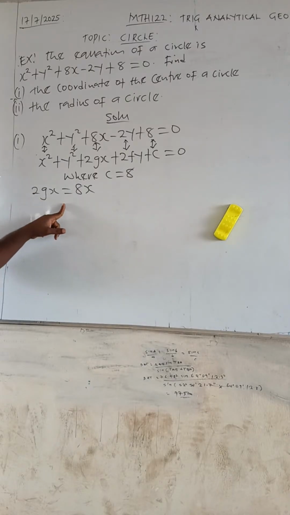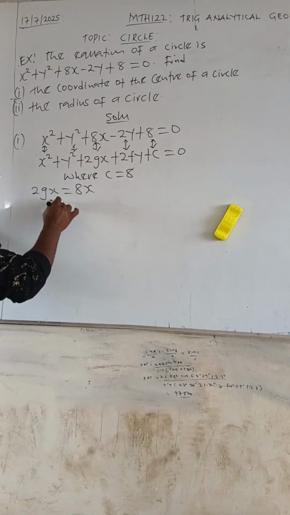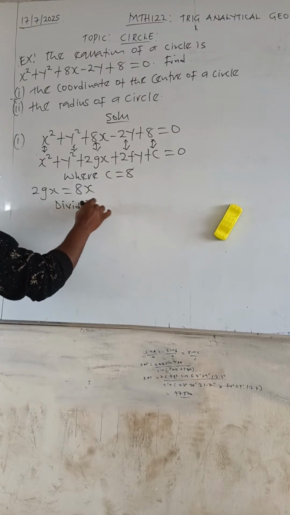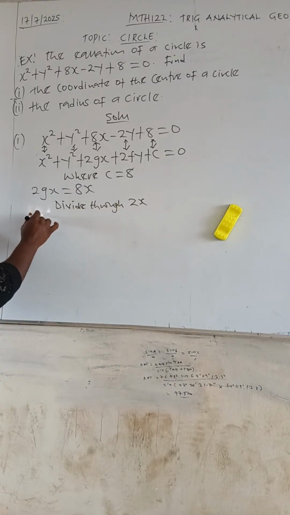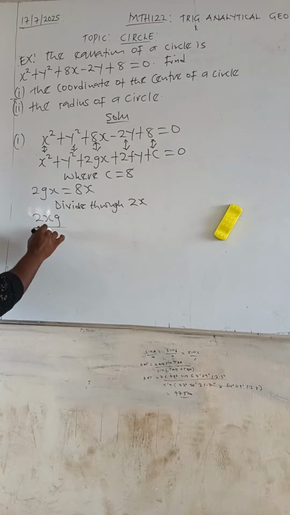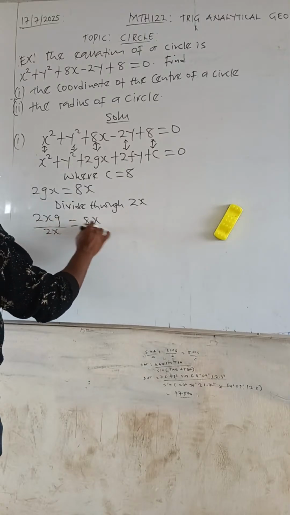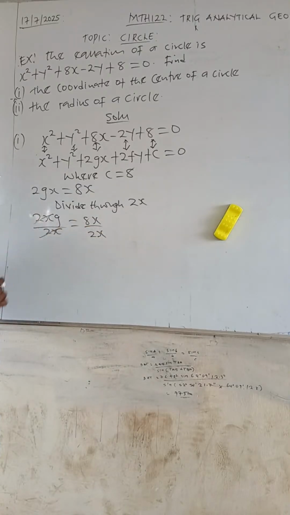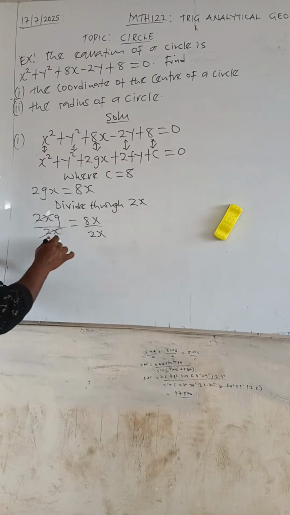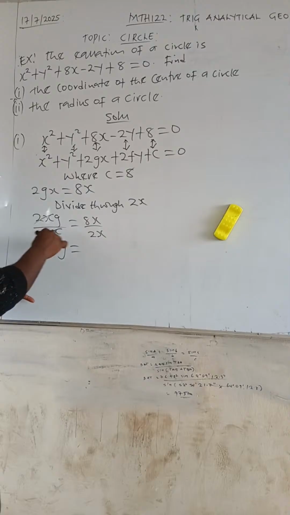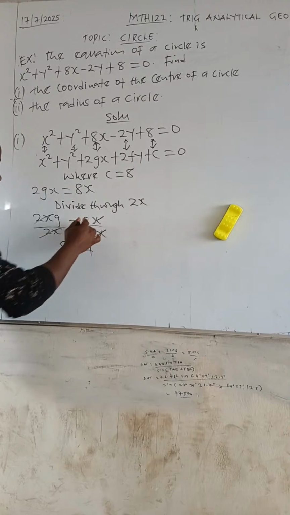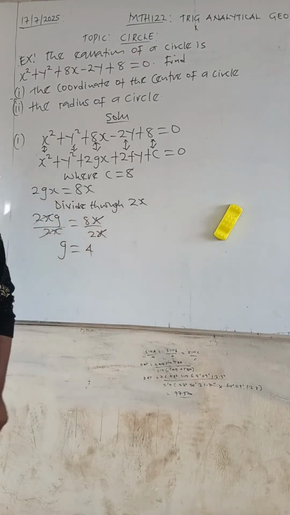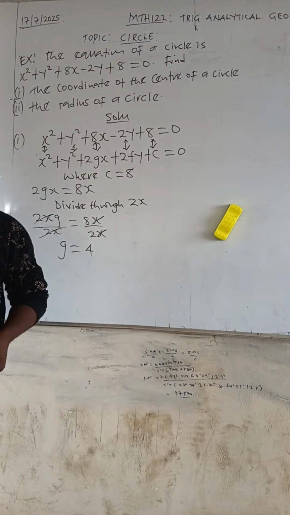We have to divide through by 2x. So we are going to have 2xg all over 2x equals 8x all over 2x. This and this will cancel. So here g is equal to 4, since 8 divided by 2 is 4.